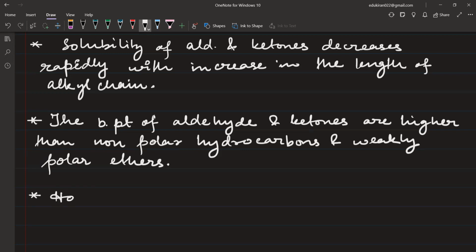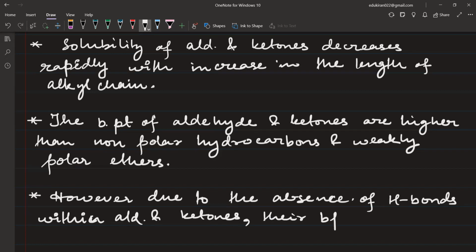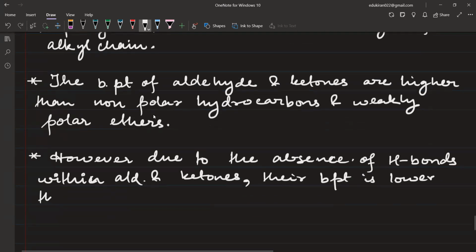However, due to the absence of hydrogen bonds within aldehydes and ketones, their boiling point is lower than the corresponding alcohol.